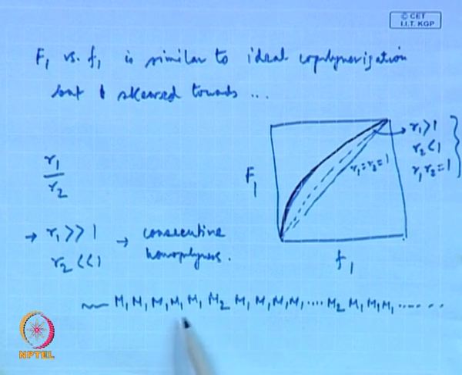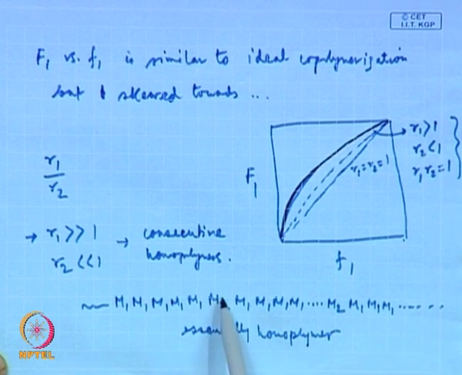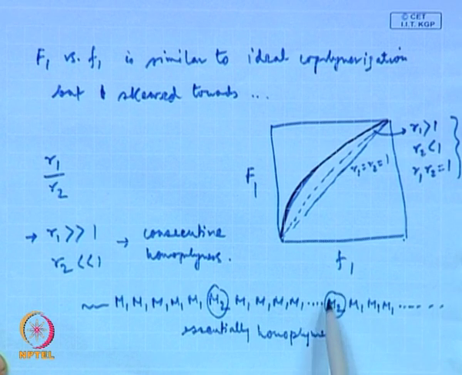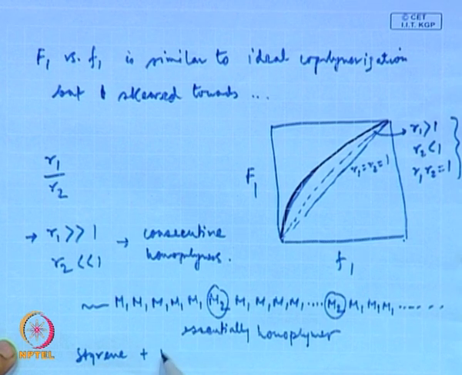So, if the situation is like this, then you are going to get a polymer which is essentially a homopolymer, because it is mostly M 1 with sometimes M 2 here and there entering in the copolymer. An example is styrene and vinyl acetate.